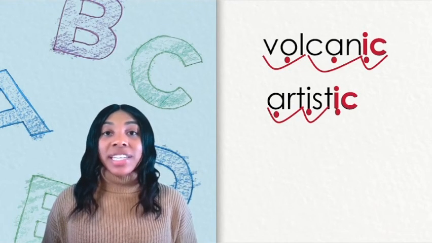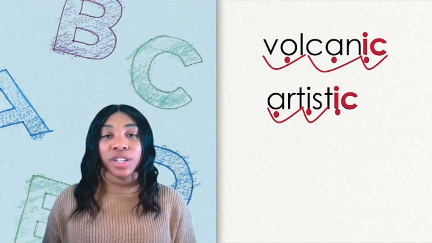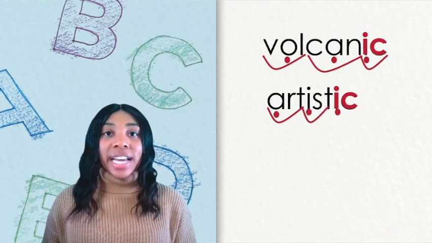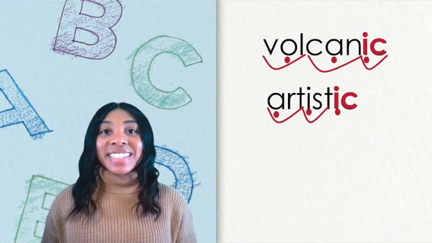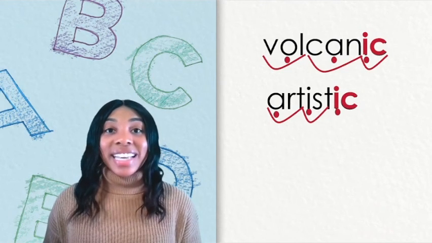The second syllable is a closed syllable. As we can see, the consonant T is closing in that second syllable. Go ahead and sound out our second syllable. Ist. All right, we have the second syllable as ist.